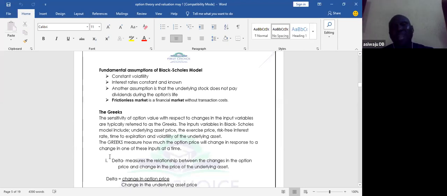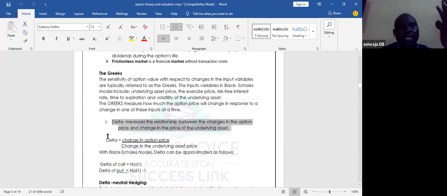Under the Greeks, one of them is what we call the delta. The delta measures the relationship between change in option price with respect to a change in the price of the underlying asset. Delta is a measure of change in option price as a result of change in the price of the underlying asset.